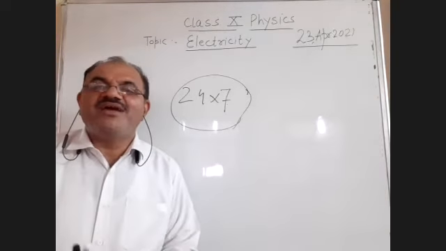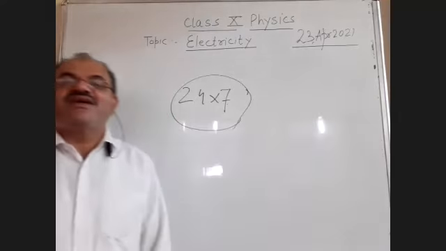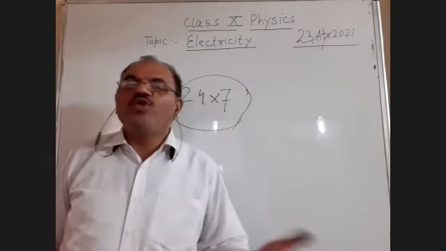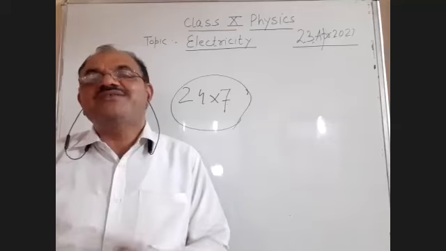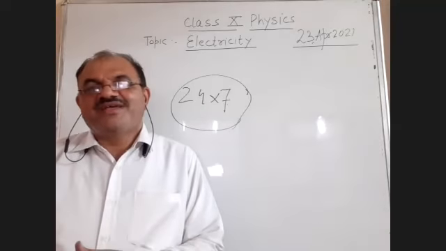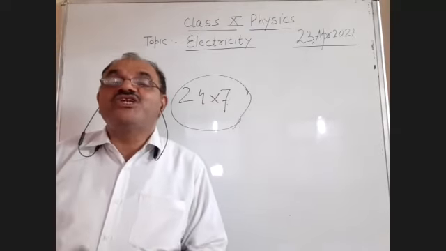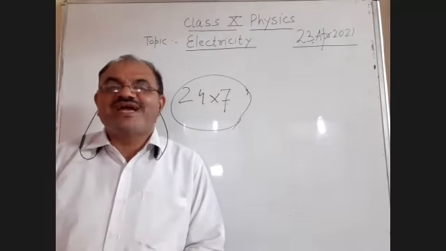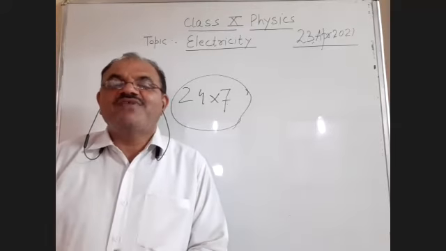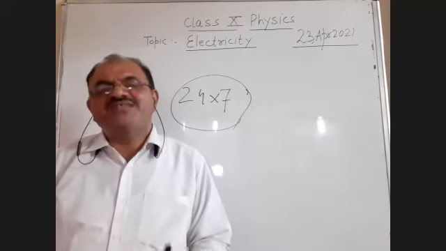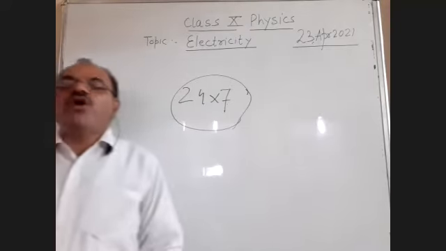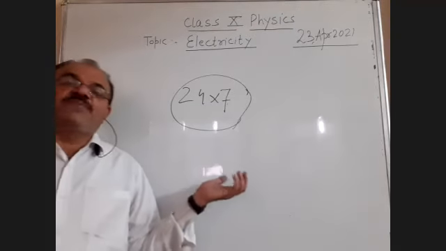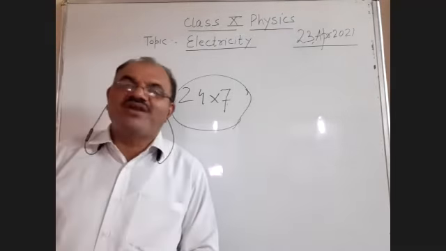For example, in industries there will be no work, because machinery will not run if there is no electricity. If I run the tube wells, motors, fans, all the items are totally dependent. All the appliances require electric energy.